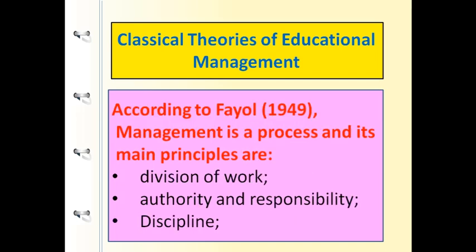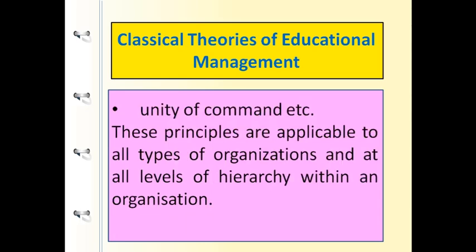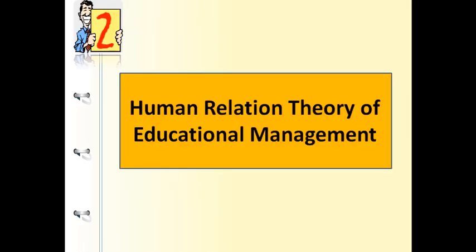Management is a process and its main principles are division of work, authority and responsibility, discipline, and unity of command. These principles are applicable to all types of organizations and at all levels of hierarchy within an organization.